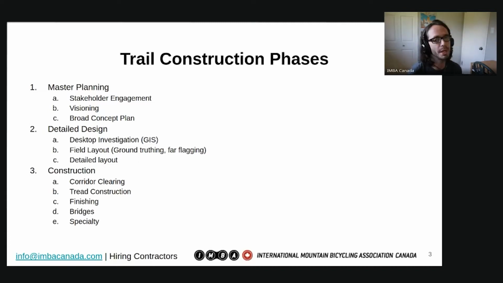Maybe there is no master plan, and you just want to buy a trail, and the detailed design is where that happens. And that can be with a desktop investigation. If you've got high quality data, you can do a fair amount, or at least you can eliminate a fair amount, which significantly shortens the amount of time that you would spend in phase B, which is field layout.